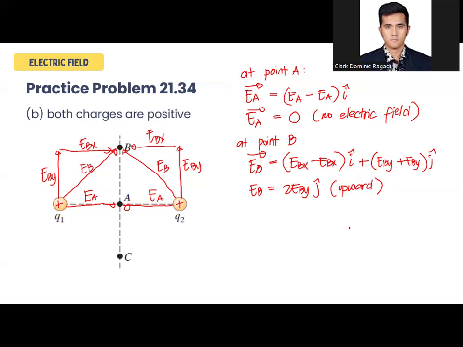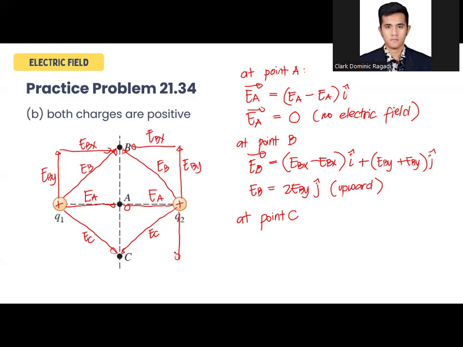Next, at point C. Again, the field is away from the charges. So we have this one and then this one, and this is EC. Again, we can write that as components.